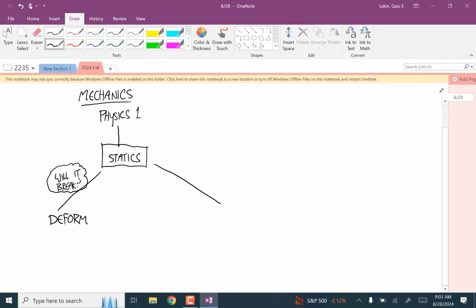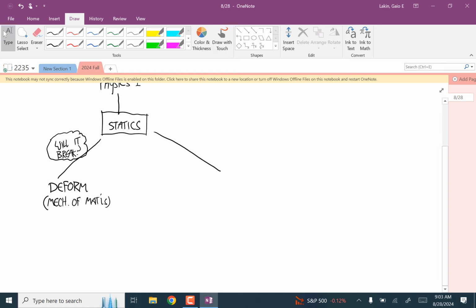That's what we call it at Normandale. Almost every university in the country calls it mechanics of materials. But at the U, they call it deform, so that's why we started calling it deformable body mechanics, deform. But if you ever see a mechanics of materials book or class, that's what that is.